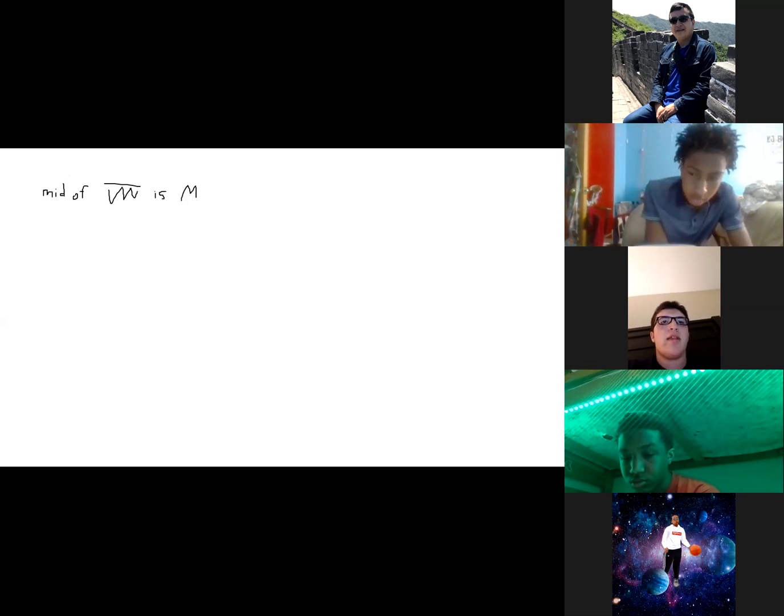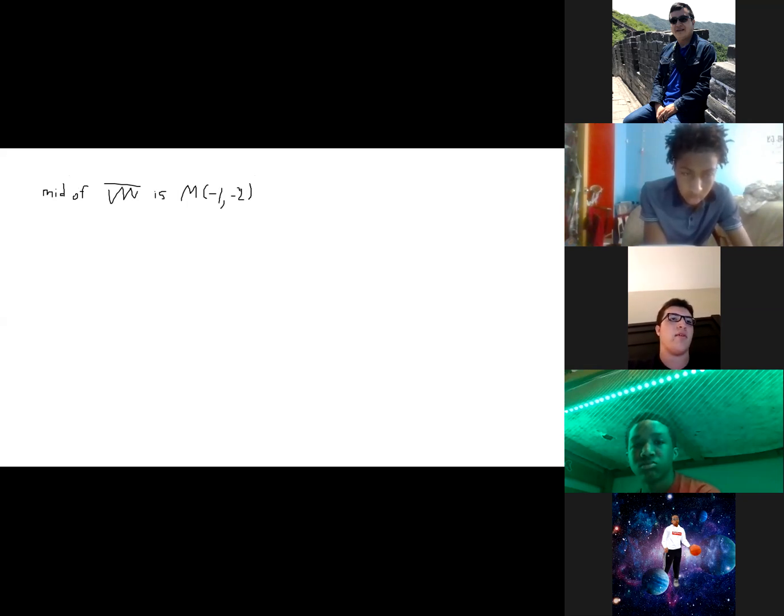We know the midpoint M is at negative 1, negative 2. And then it says one endpoint is W, which is at 4, 4.